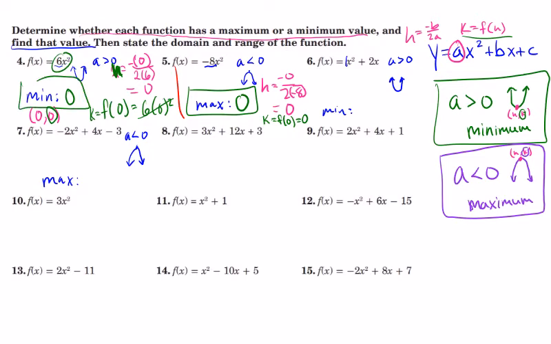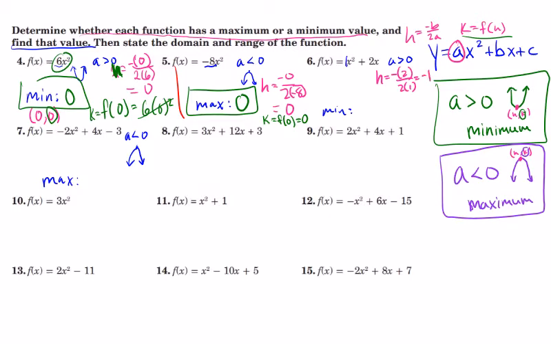Now number 6 is going to be a little different because here we have an actual b. So let's find h first. Let me erase some of this stuff here. So h equals negative b, which is 2, over 2 times a, which is 1. So it'll be negative 2 over 2, which is negative 1.